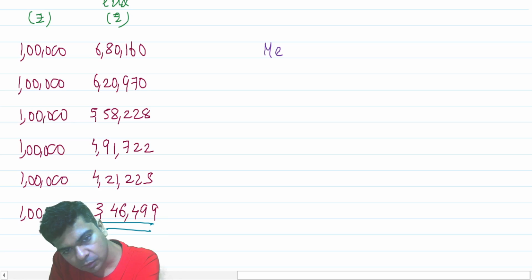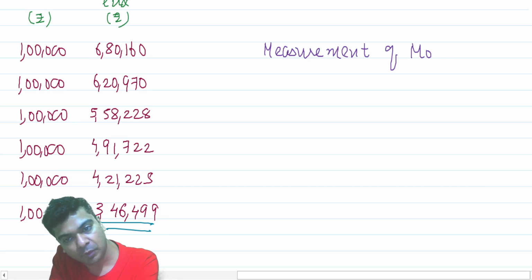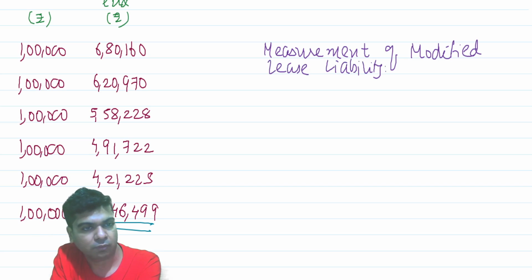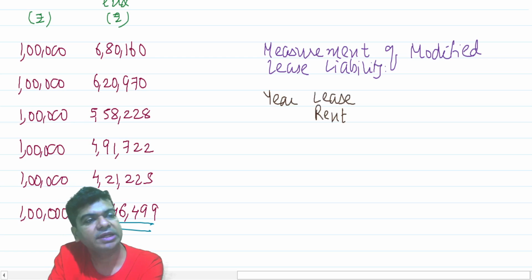We say, after all that you have done, we'll say measurement of modified lease liability. Yes. Should be lease payment, sorry.